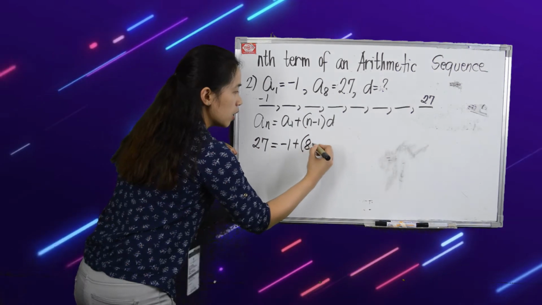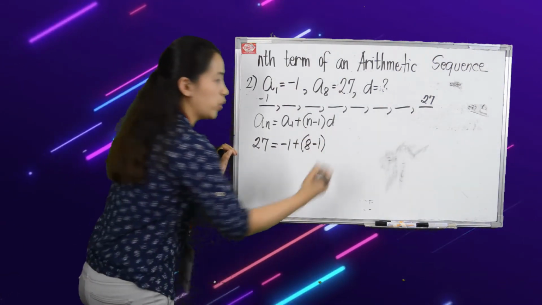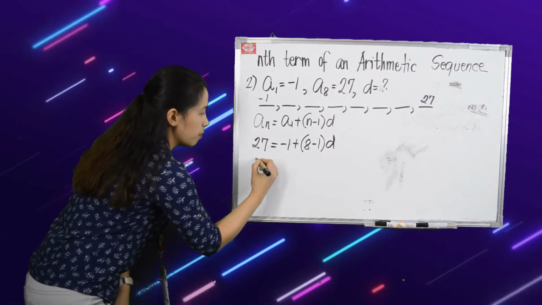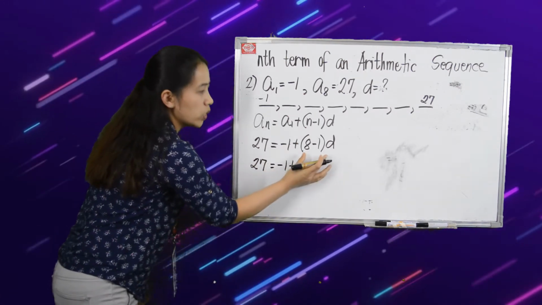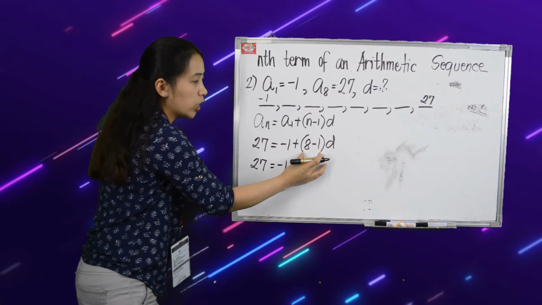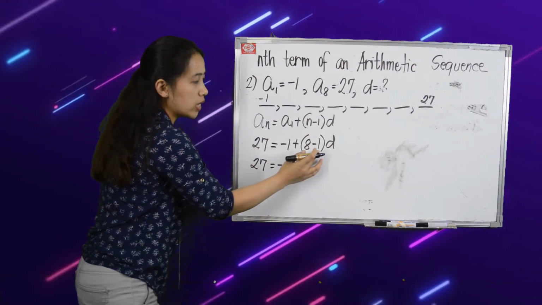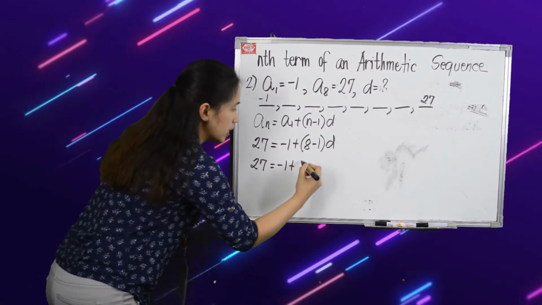It's 8, minus 1, times d, which is unknown, so we leave it as is, d. We simplify. 27 is equal to negative 1 plus, we simplify first the values within the grouping symbols. So 8 minus 1 is 7 times d, resulting to 7d.